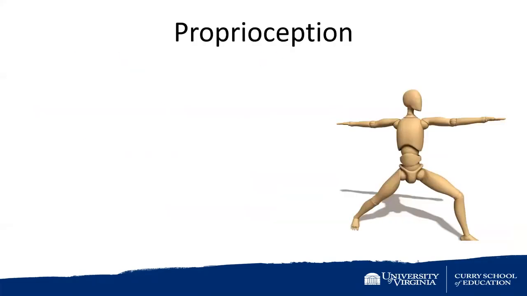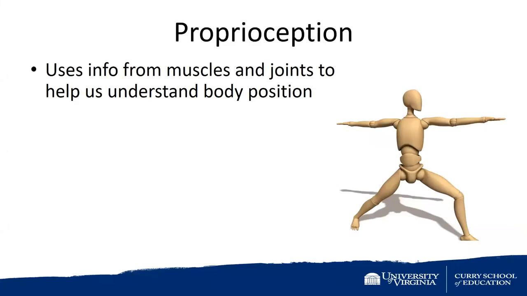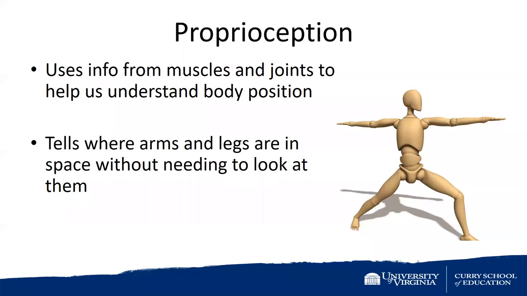There's also the proprioceptive system, which uses information from our muscles and joints to help us understand what our body position is. So when you think about the fact that when your eyes are closed, you know exactly where your arms and legs are in relation to your torso and your head, that's your proprioceptive system kicking in and telling you that.